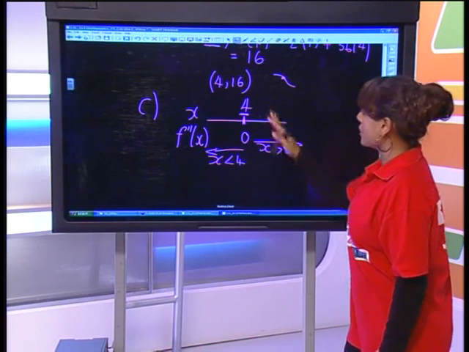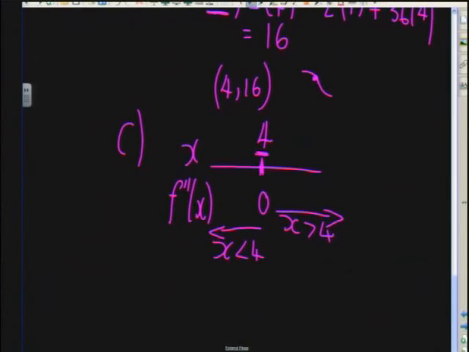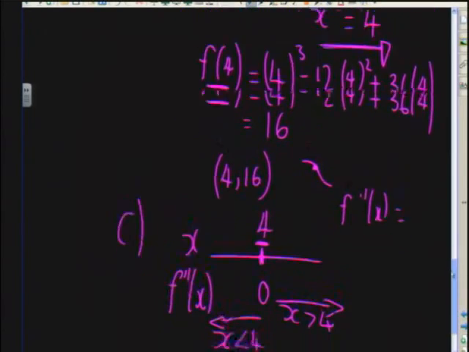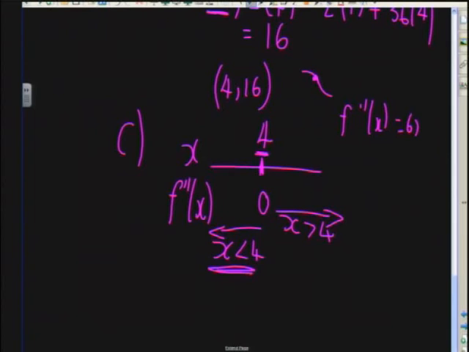Okay, so let's test. We look at the second derivative for any value of x less than 4. Now remember, if we look at the expression here, your second derivative was 6x minus 24. You just simply test. It's just a very, very rough test.